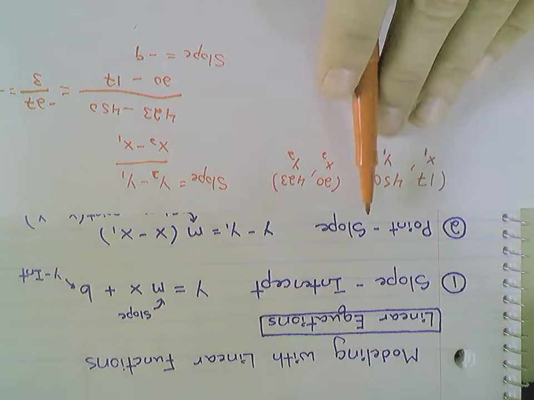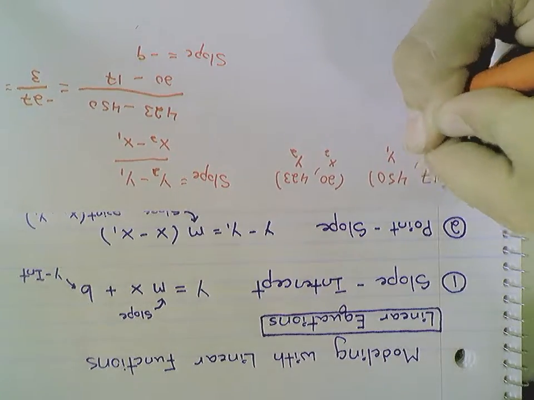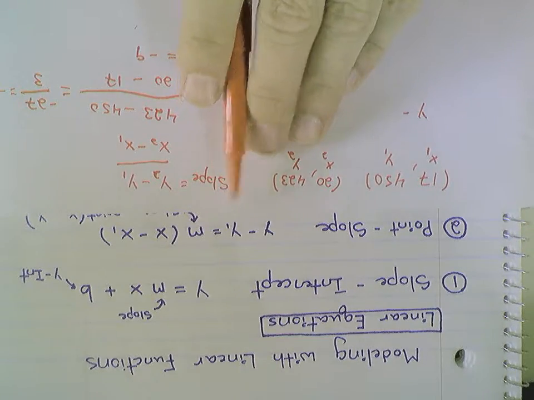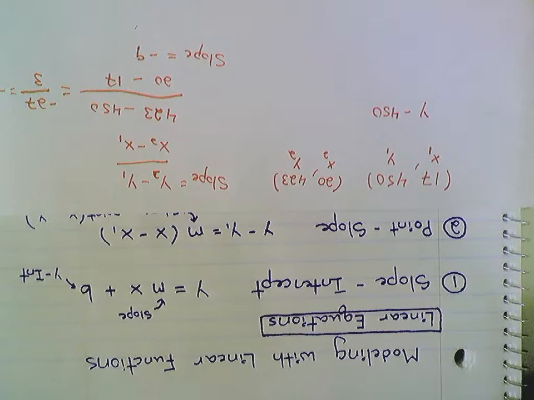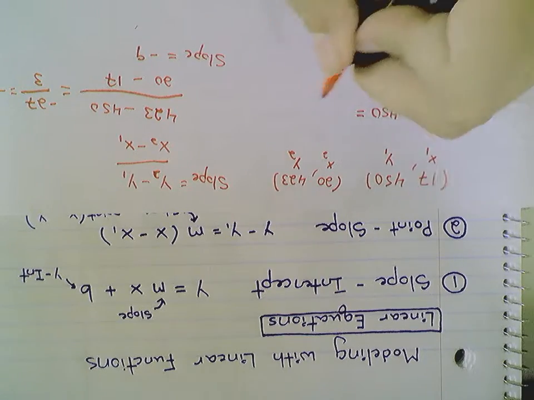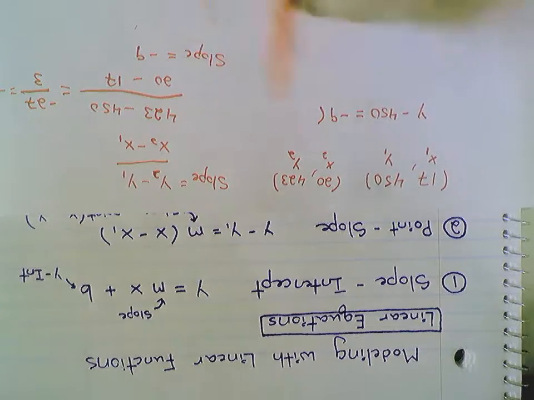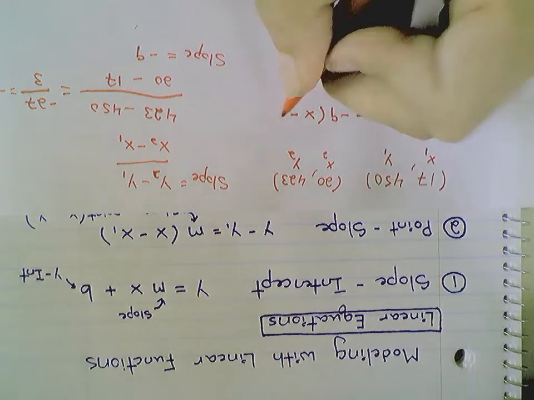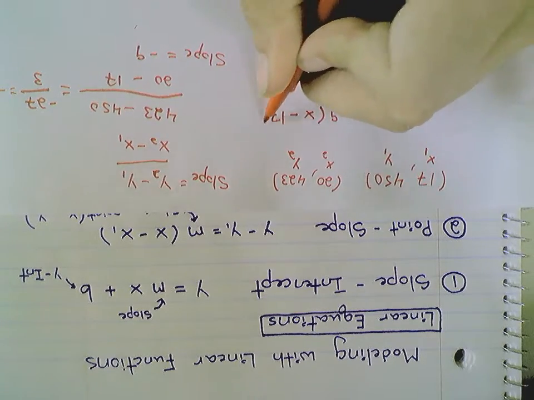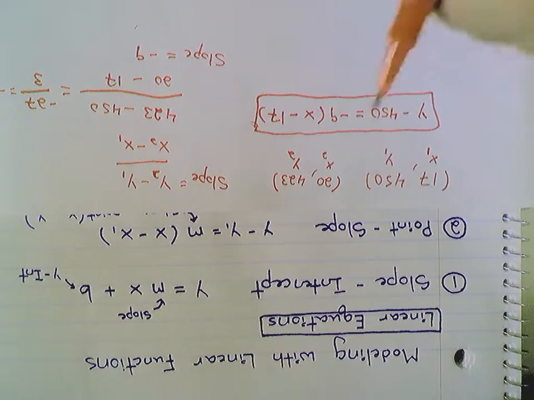For instance, I could write this equation as y minus my y1, which is 450, equal to my slope of negative 9 times x minus my x1, which is 17. So this would be the equation.